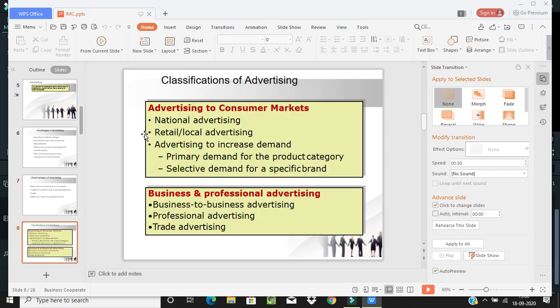Now, next one is classification of advertising. Advertising to consumer markets: national advertising, India level or country level, and retail and local advertising. Otherwise, it should be retail or local, like when the product will be sold at a local level only.